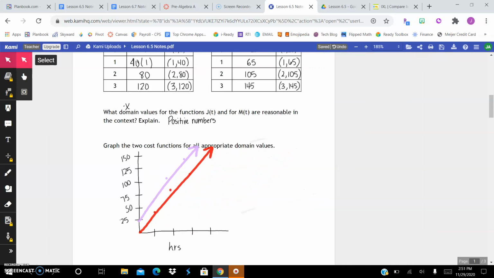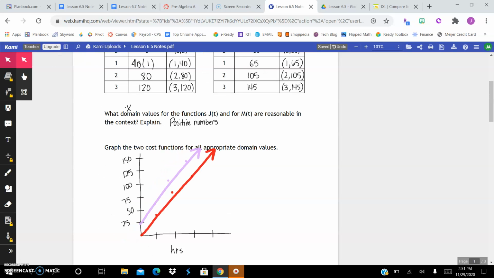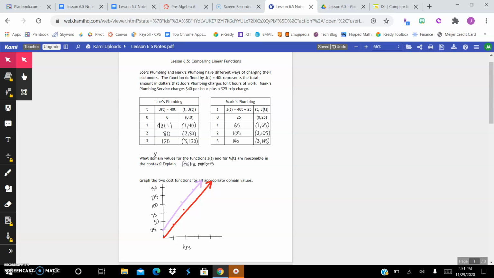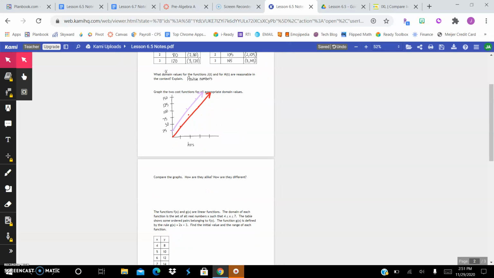So as you can see, he is $25 higher, and that raises his graph up a little bit higher on the price scale for each ordered pair.